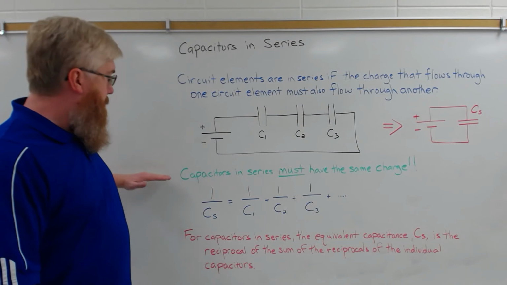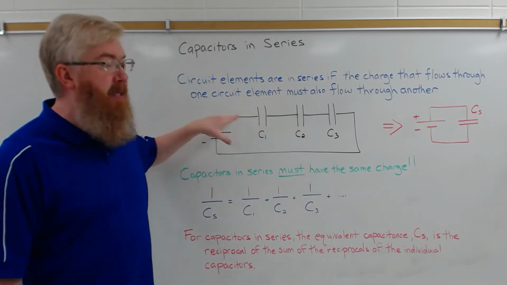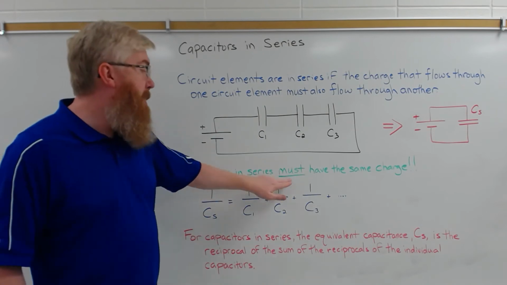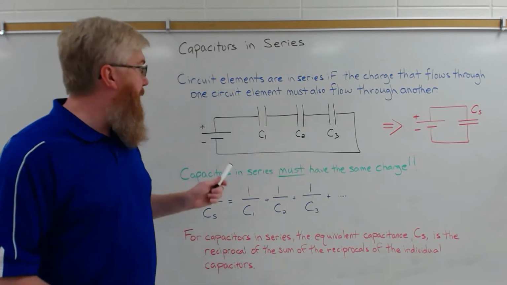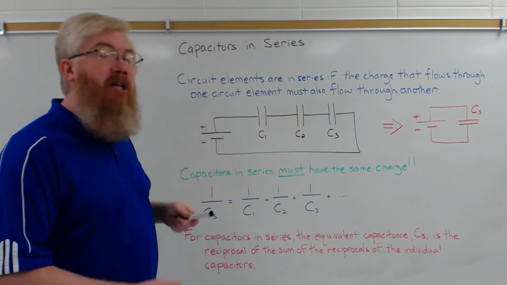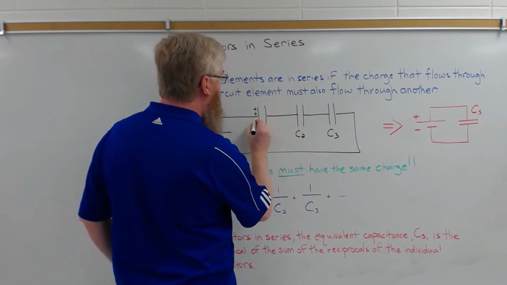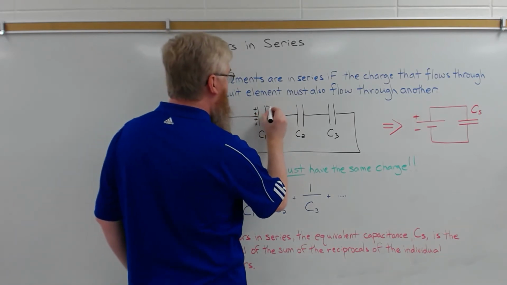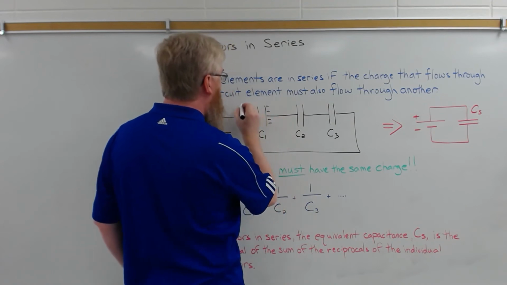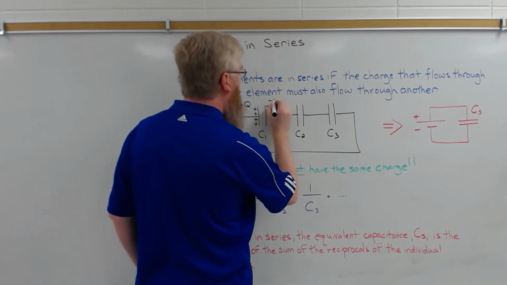I want to prove to you in just a moment that capacitors in this series configuration must have the same charge. The way to think about it is, as this battery is charging up these capacitors, positive charge builds up on capacitor C1, and negative charge builds up on the opposite plate, so this is charge plus Q on one plate and minus Q on the other.